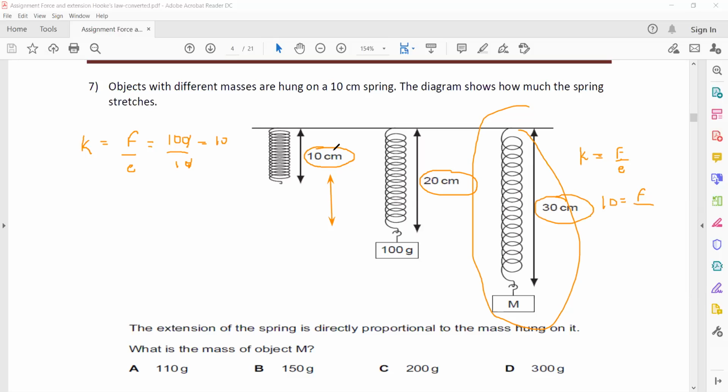Originally, it was 10 centimeters. So extension is 20. This 20 is divided on one side, on the other side it will be multiplied. So C is the right answer. Is it clear? First, we got the value of K, and we use the same value of K to find the value of F.